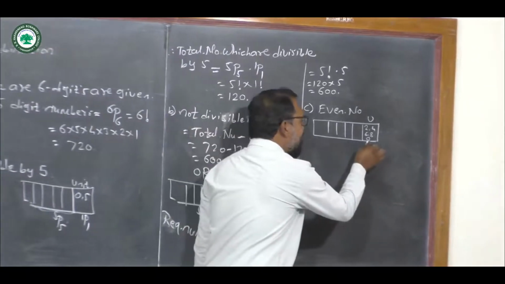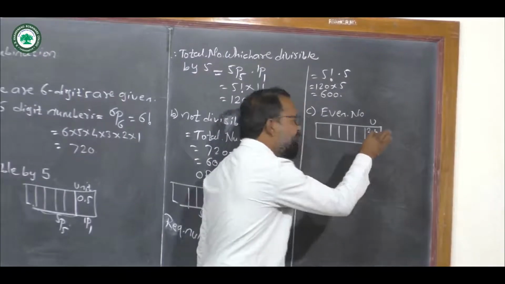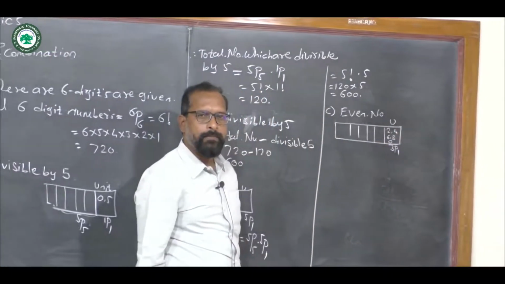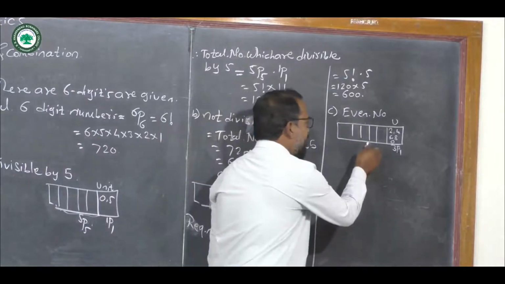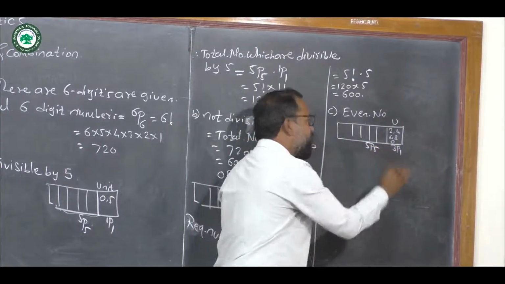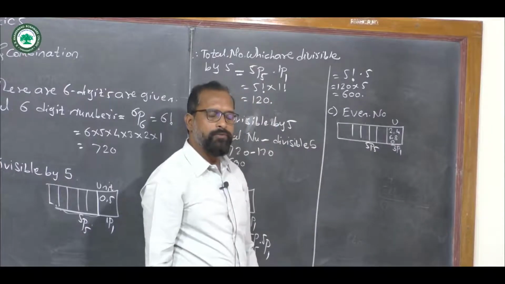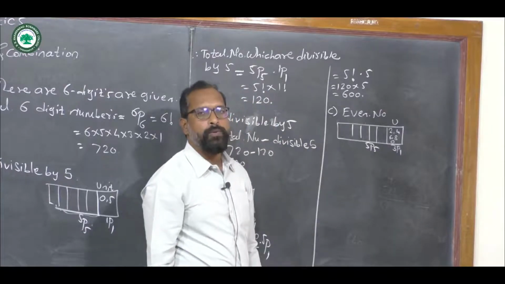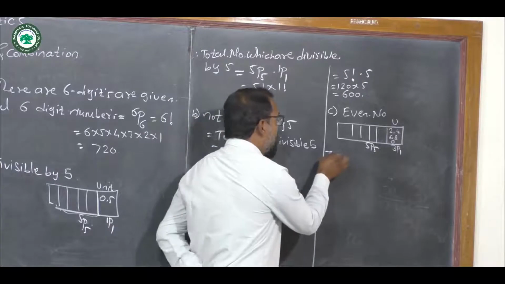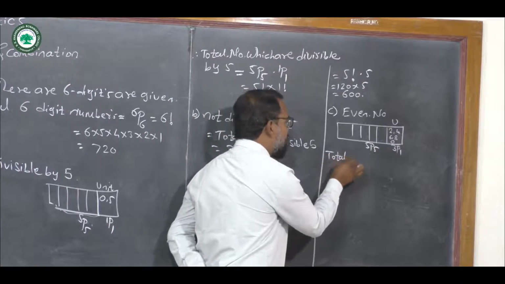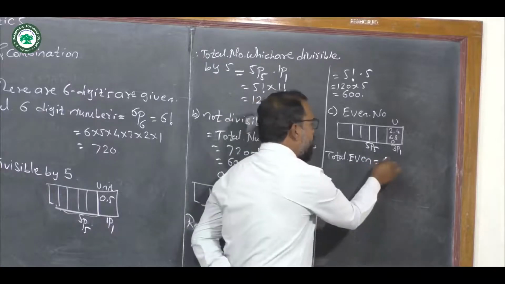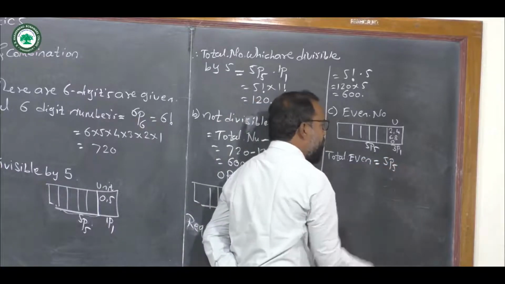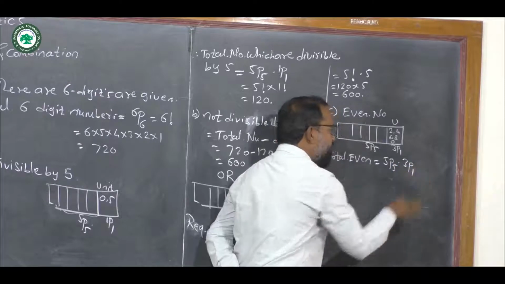So this unit place can be filled in 3P1 ways. Again, the remaining 5 places can be arranged in 5P5 ways. And therefore, the total even numbers will be 5P5 into 3P1.